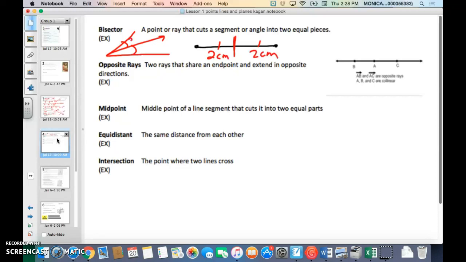If this is 35 degrees, then this is also 35 degrees. So it cuts something in half, 2 equal pieces. And so basically the formula we're going to learn about this is part equals part. Okay, opposite rays are 2 rays that share an endpoint and extend in opposite directions.